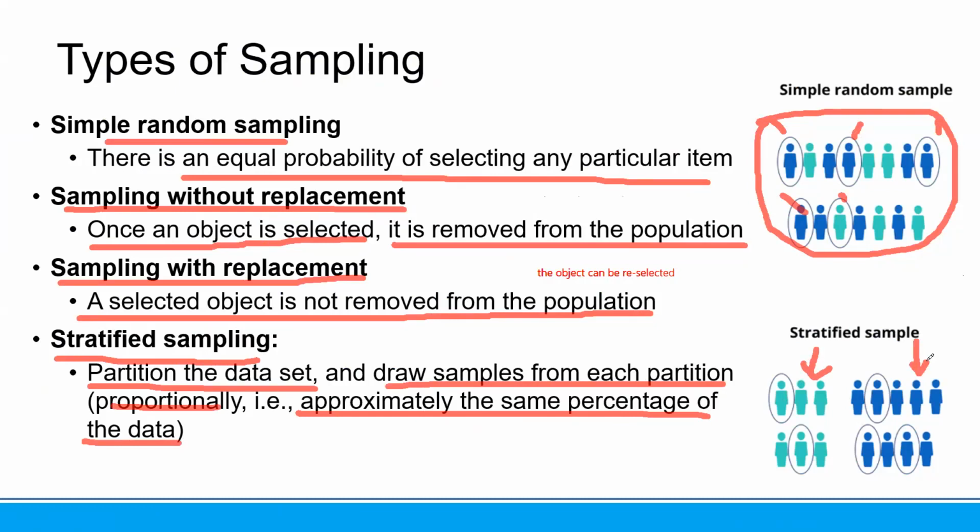But if you use the simple random sample, we just select and we do not care whether they are in the blue or they are in the light blue. But here we first distinguish. Then this class we will take 2, this class we will take 3. So we call this the stratified sample. And we hope that with this stratified sample, we have the same percentage of the data.